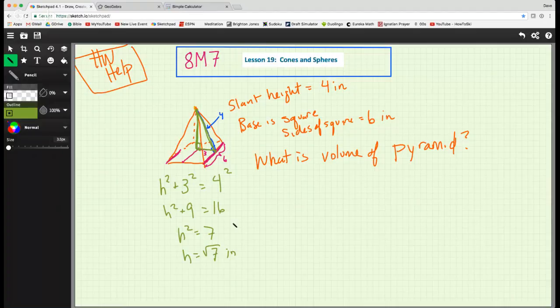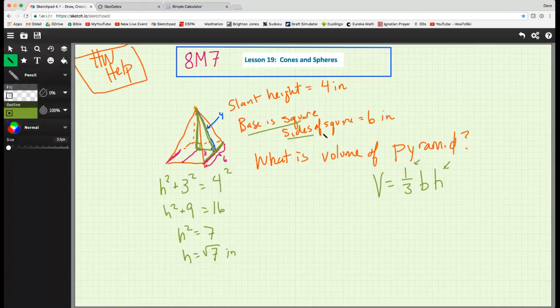So now we can almost go about figuring this out. The volume. Volume is 1/3 of base times height. Well, our height now we know is root 7. So we have this, check. We know what 1/3 is. Our base we still don't quite have, but we do because we know that it's a square.